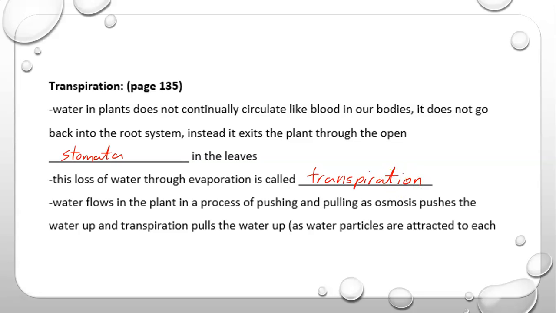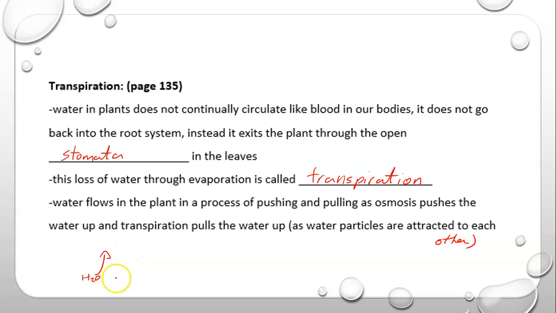The water flows from the plant, that constant pushing from osmosis, that pulling from the transpiration helps the water particles, as water particles are also attracted to each other. That is the cohesion and adhesion that was talked about in that video, all combine to allow water to defy gravity and go up to the leaves, right?